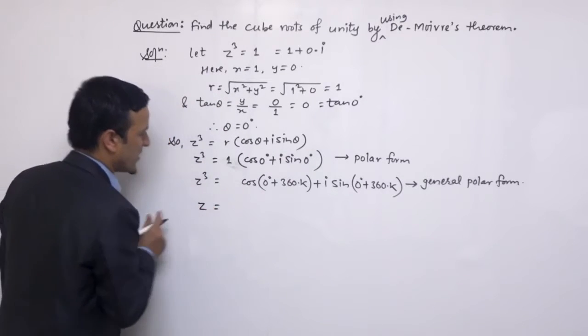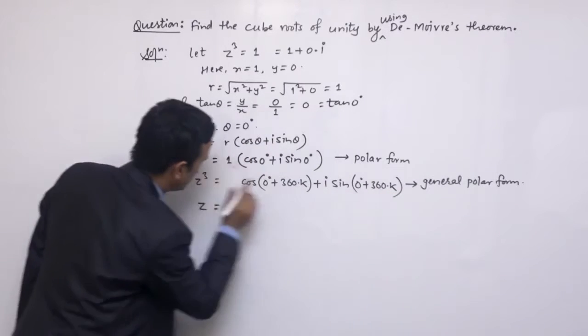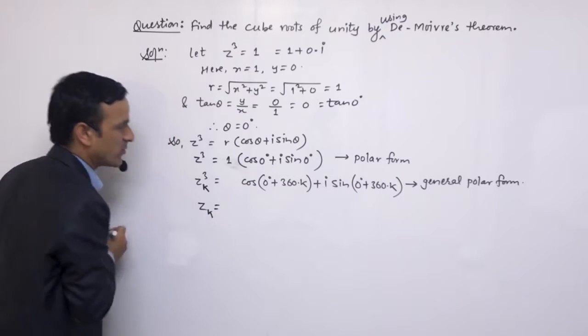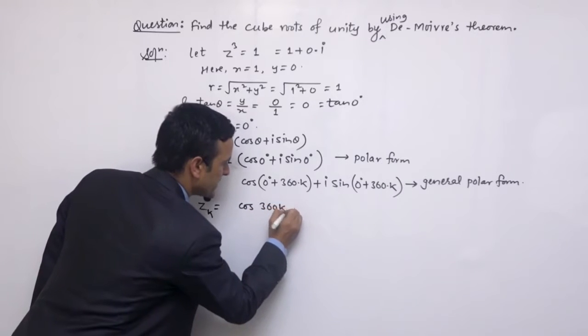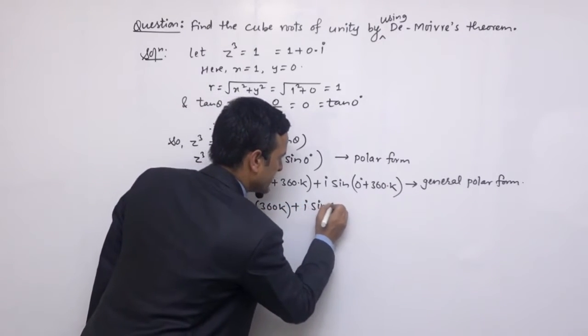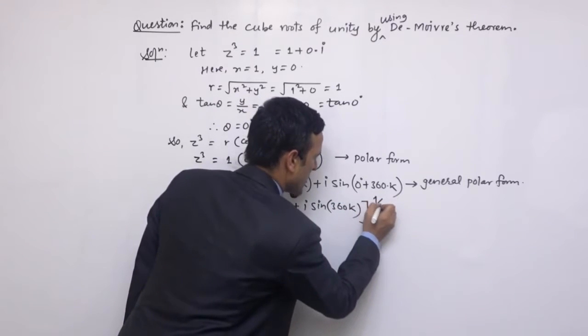So to remove this 3, as we bring k in the term, let us also write it as zk. So if you find the value of zk, then it will be (cos 360k plus i sin 360k) whole power 1/3.